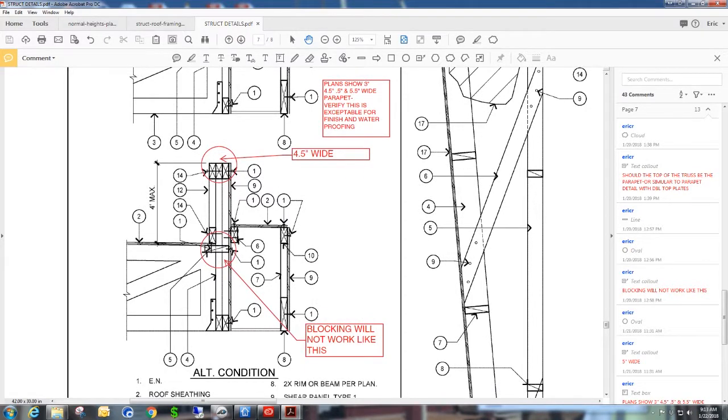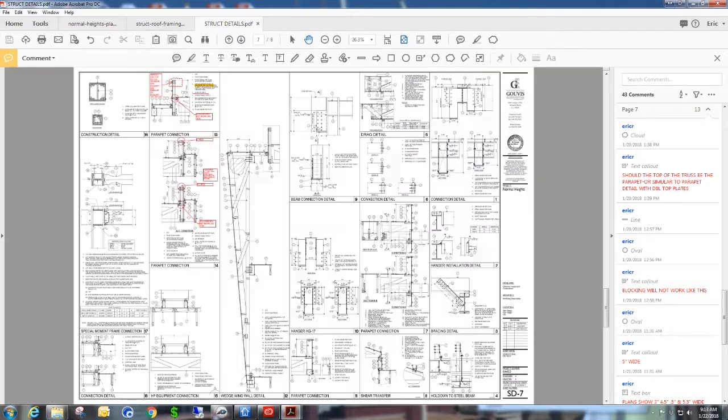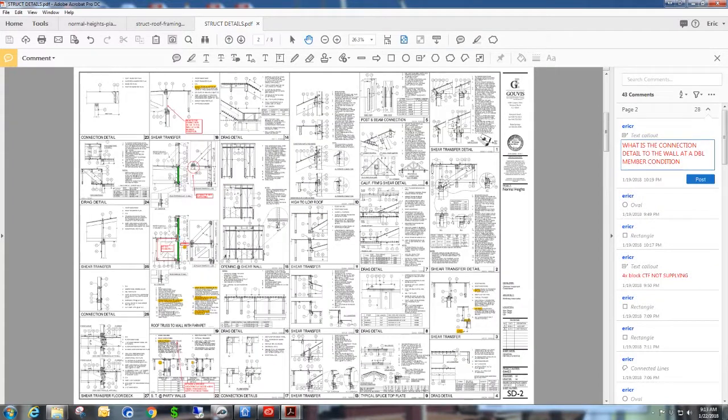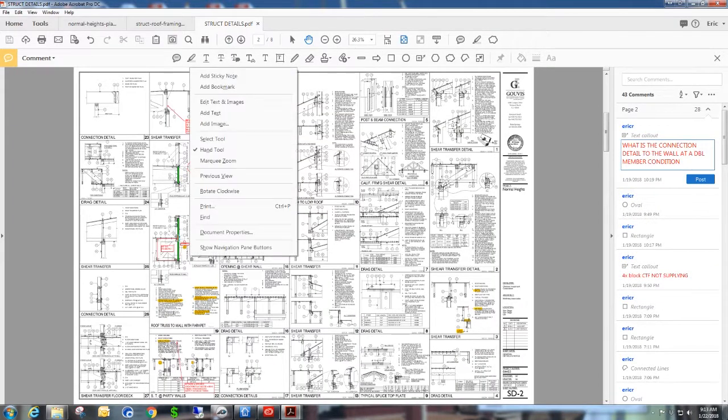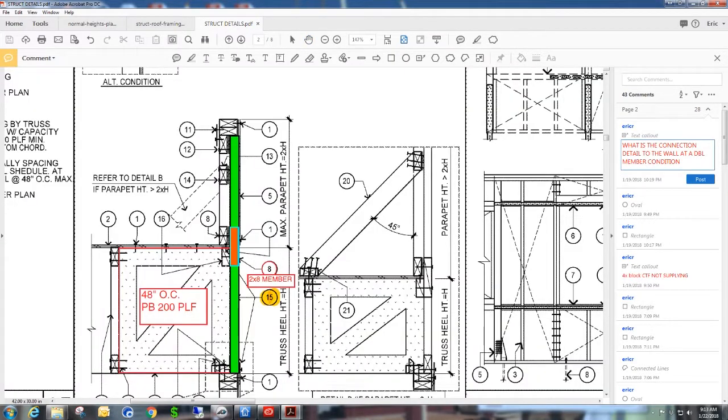The blocking shown in this detail doesn't quite work. It can't have a block going through the webs and have this nailing. It would need to look more similar to this detail. Two by 8 block.